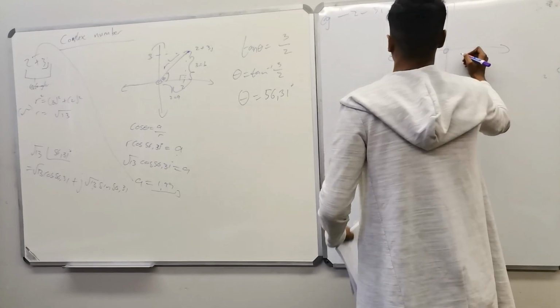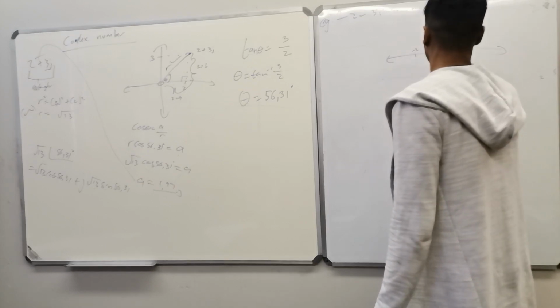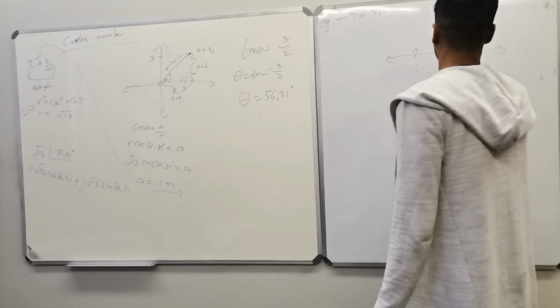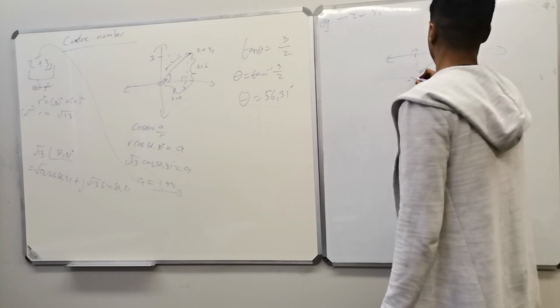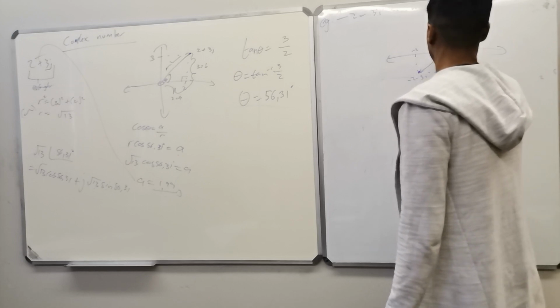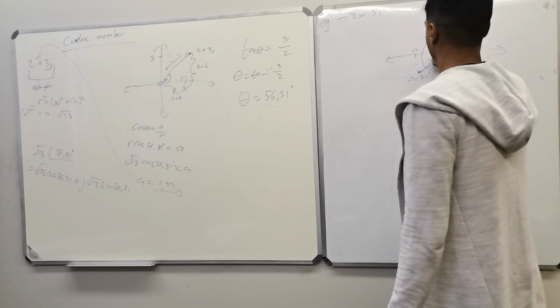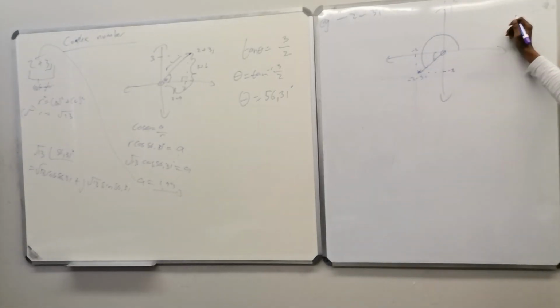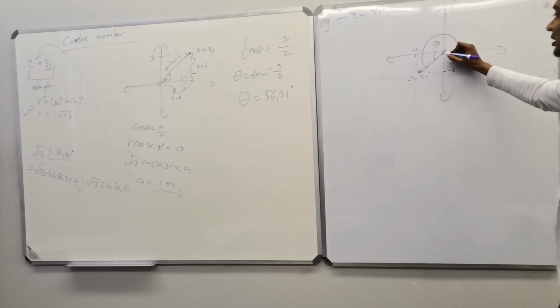And -2 will be here. -3 will be here. That will be our -2 minus 3i, our point here. There's one angle there, but remember I said the whole angle there. So we want theta, but we first calculate alpha.